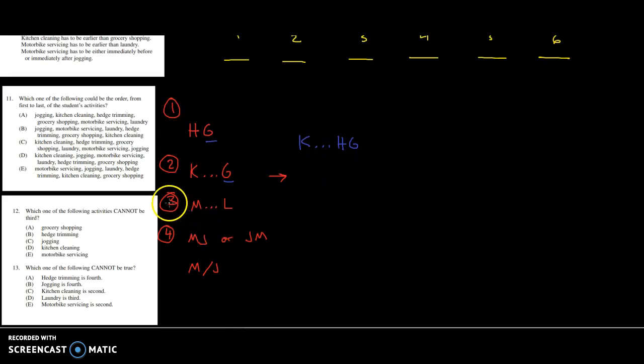And then also the same thing for rules 3 and 4. We have M has to be behind L, but we know M and J have to be together, right next to each other. So again, we can do a couple different ways, but the way I would write it would be M/J ... L. An entirely acceptable alternative would be for you to write down JM ... L, but making sure to put or MJ ... L. Either one.